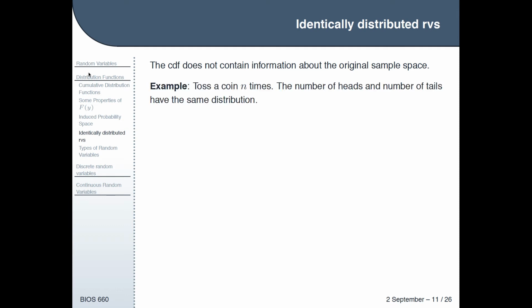Or another example, say you toss a coin n times. The number of heads and the number of tails will have the same distribution, even though they're not the same random variables. They're not the same events that we're looking at here.